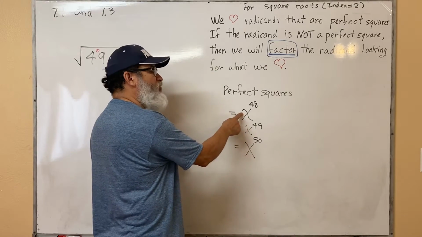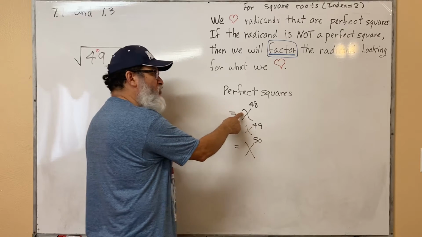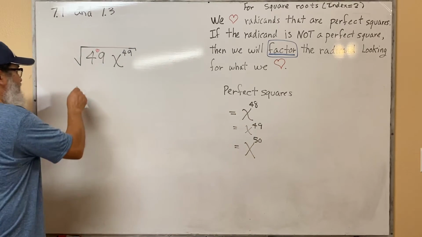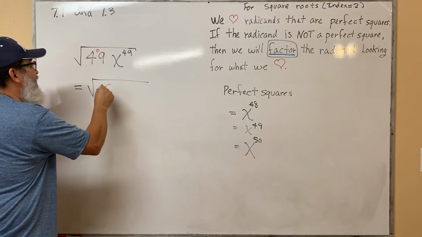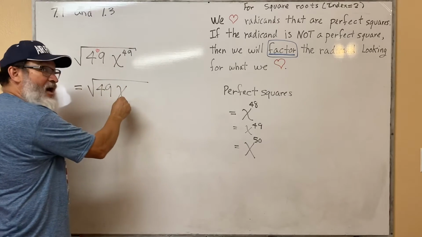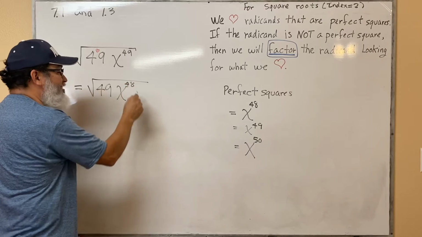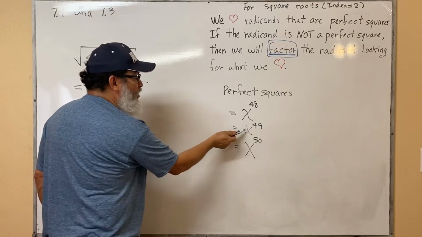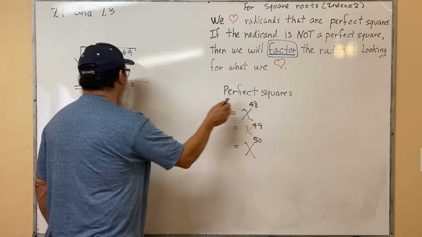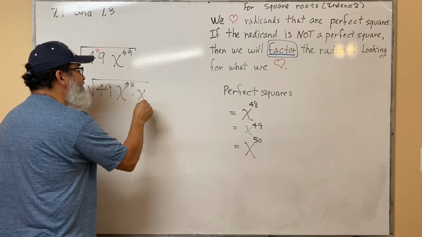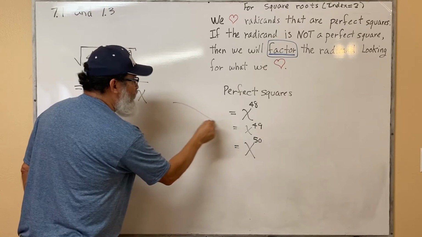I'll take x to the 48th. That's what I'm looking for. So therefore, this equals the square root of 49 x to the 48th. Take the smaller one, okay? 49th is in between. I'll take x to the 48th times x, and that gives you x to the 49th.